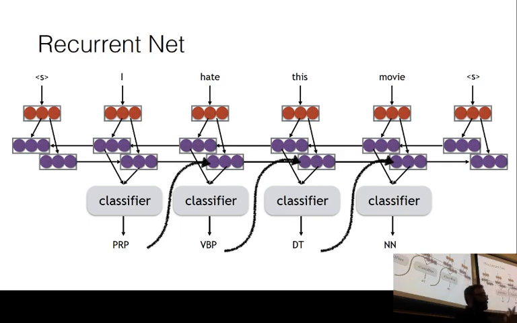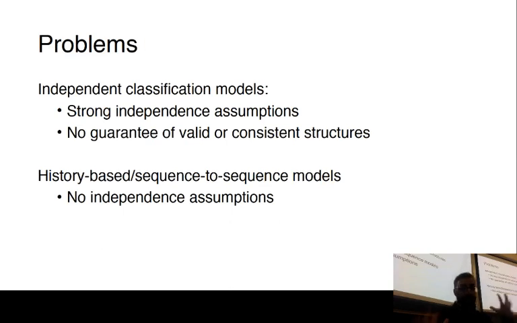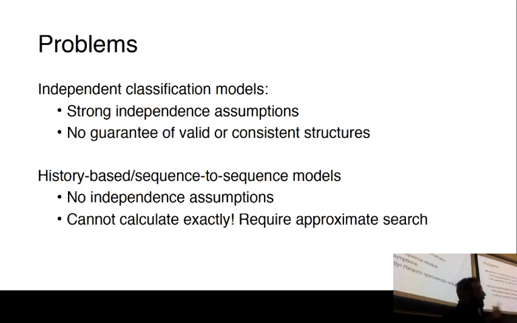That should do better, and it does, but it still suffers from some issues. First of all, now we don't really have any independence assumptions because the two recurrent networks are supposed to capture all of the context of the sentence. But it's really hard to calculate the exact probability of the whole sequence of the outputs, and we need to do approximate search.